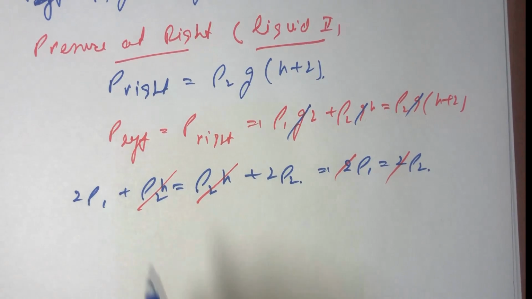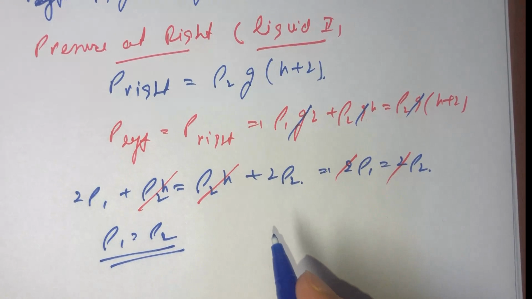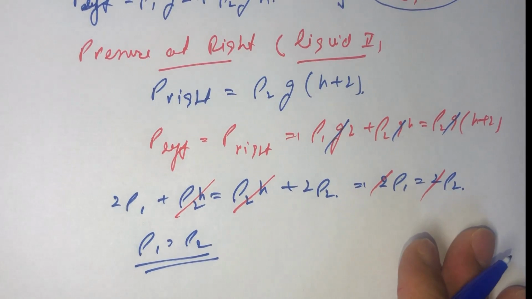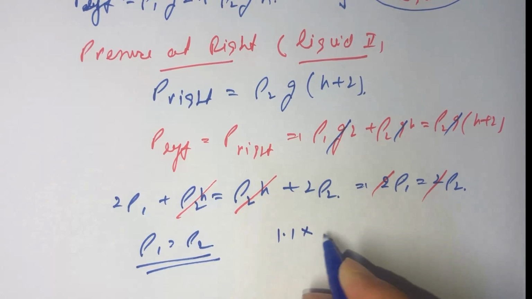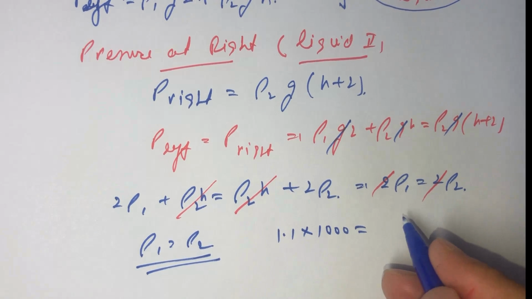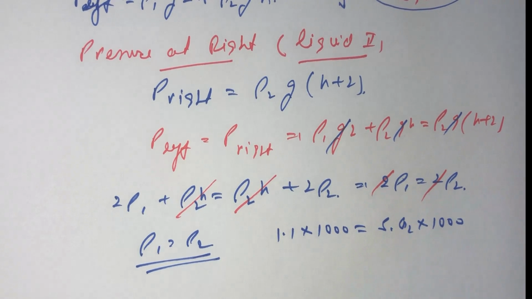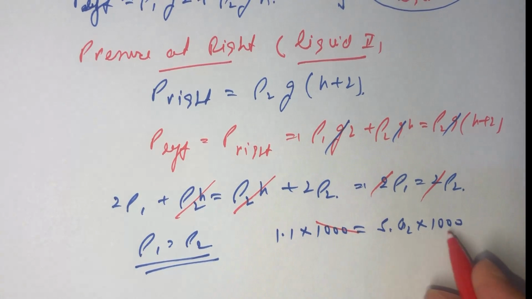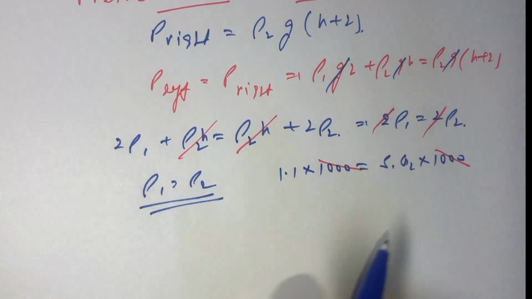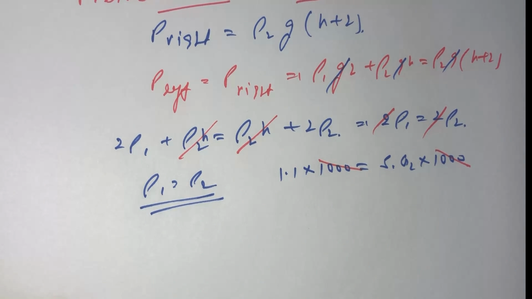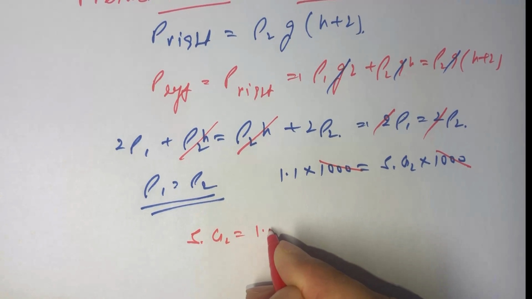So we get that rho 1 is equal to rho 2, and we already know that rho 1 is 1.1 multiplied by 1000 and rho 2 is SG2 multiplied by 1000. So here 1000 and 1000 cancel out. So therefore we get that SG2 is equal to 1.1. Specific gravity of the second liquid is 1.1.